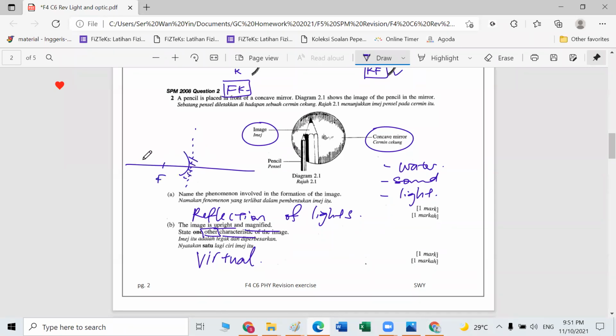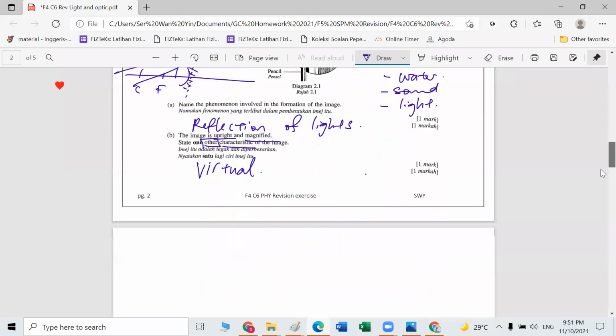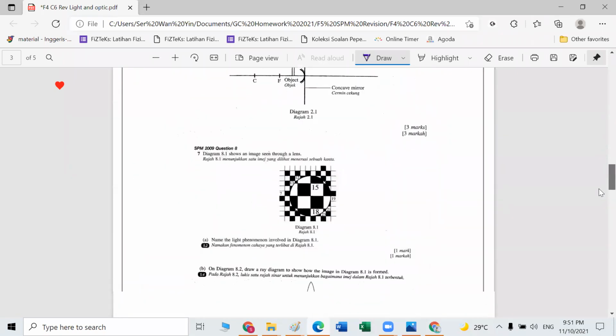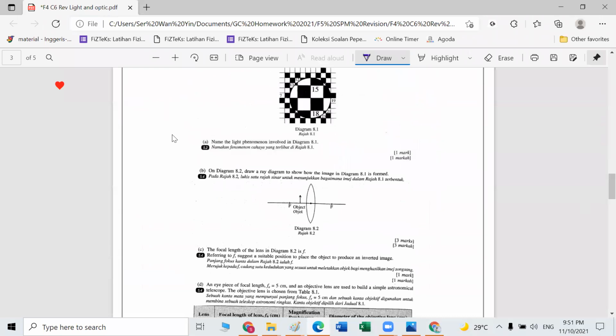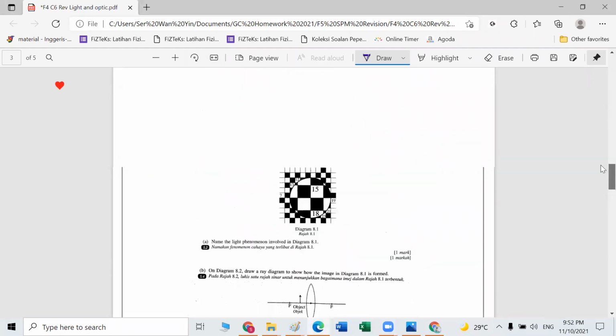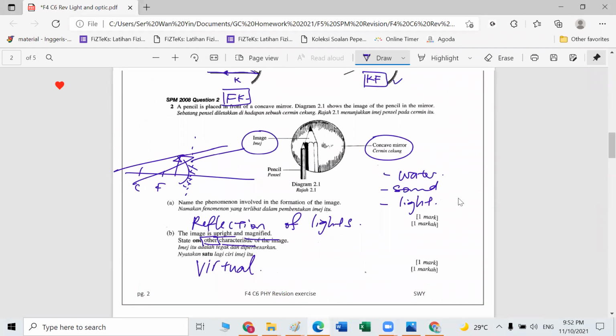Concave, F, C. All right. Can we write refraction? I prefer you all write of light, because they didn't tell any words about light.